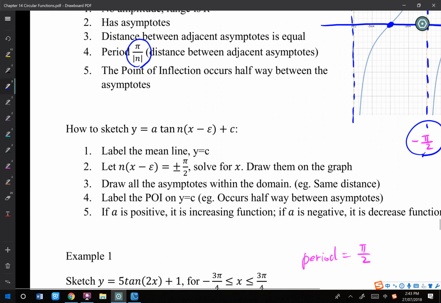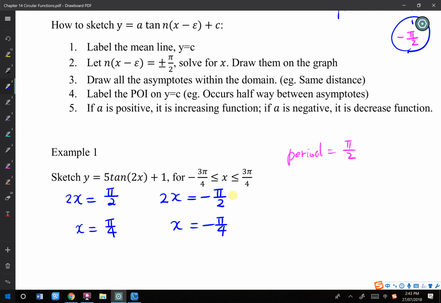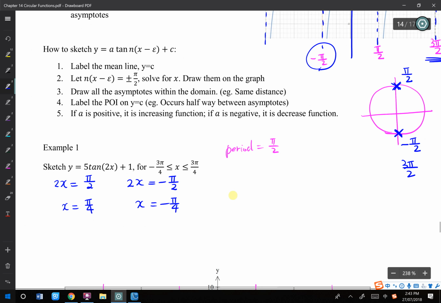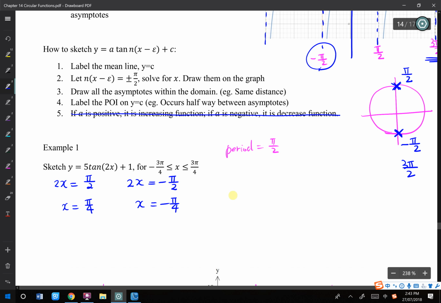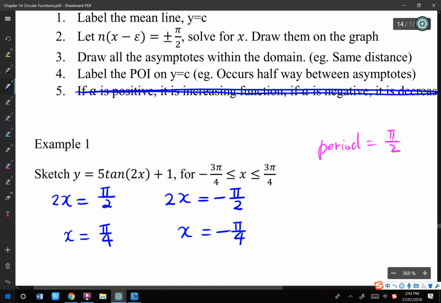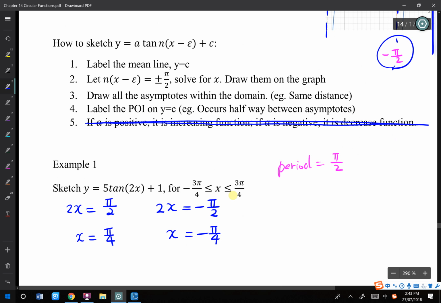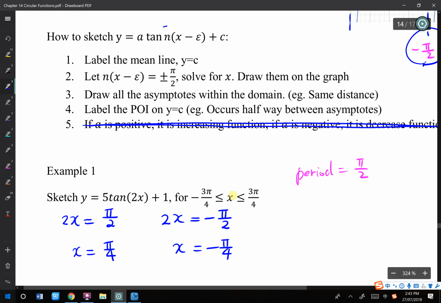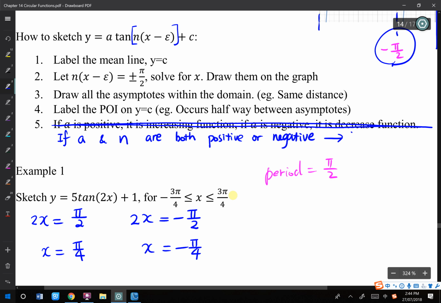So what decides that? Okay, cross out number 5. I think I forgot something in number 5. Just cross that out, we rewrite this. If A and n are both positive or both negative, then it's an increasing graph.